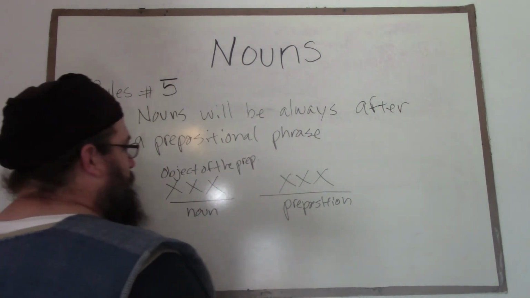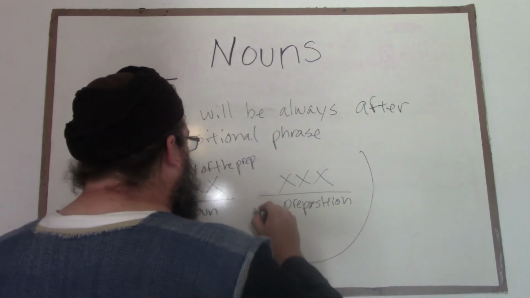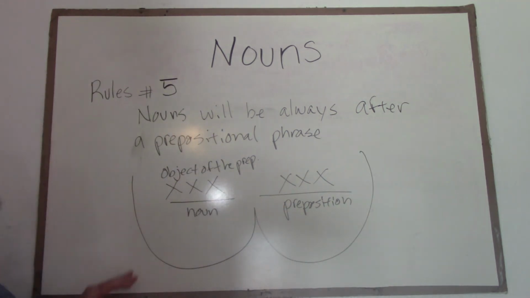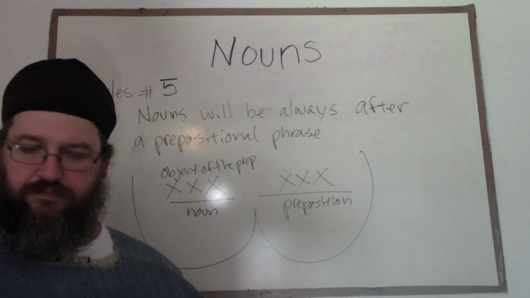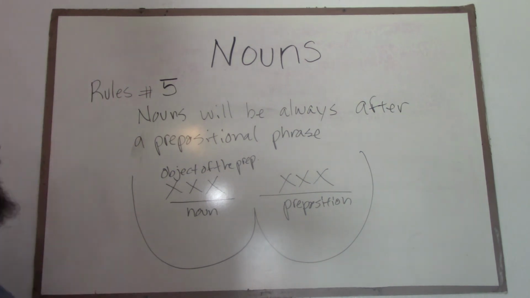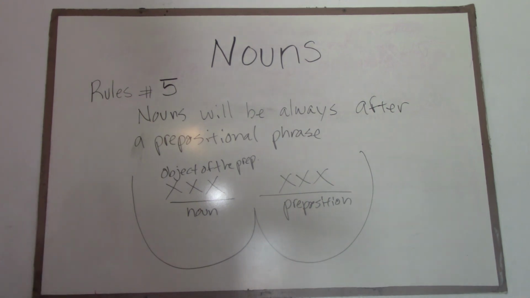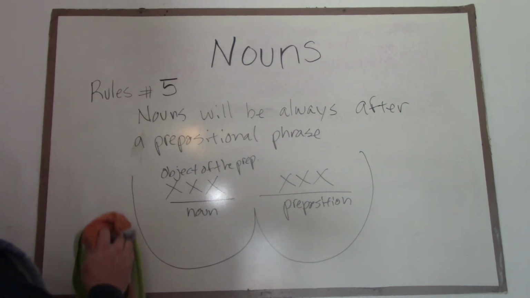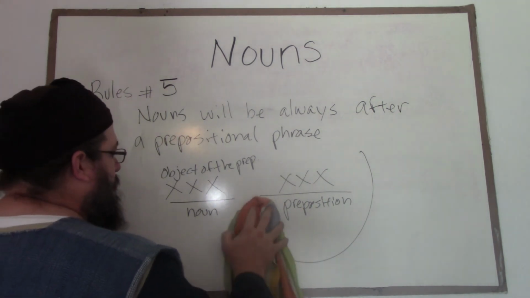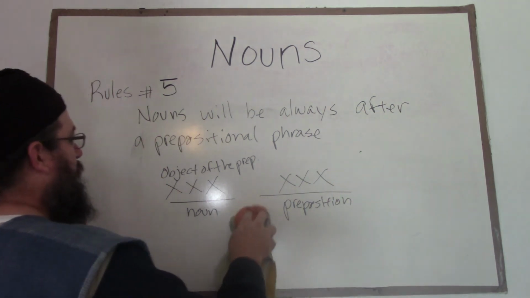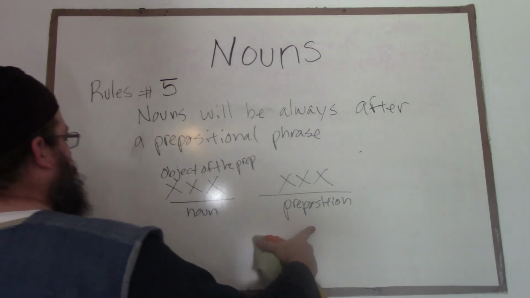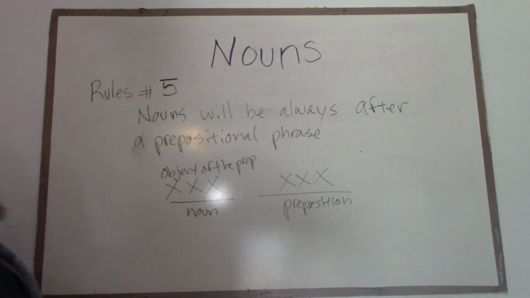And this is called the preposition. When you combine these two together, you get what's called a prepositional phrase. So when I combine the preposition and the noun, I get a prepositional phrase. And that is what we have to understand: the prepositional phrase is when a preposition and the object of the preposition are used together.